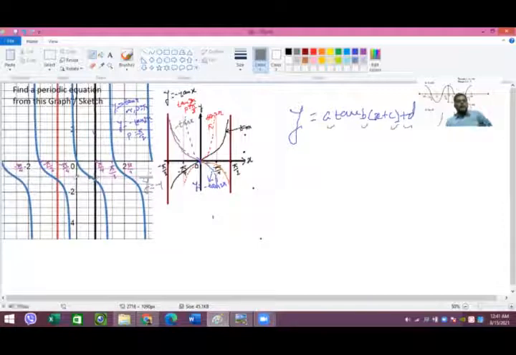This line is y equals -1 because you can see that the concavity has changed about here. So one thing you are sure of is that the d value is going to be -1.